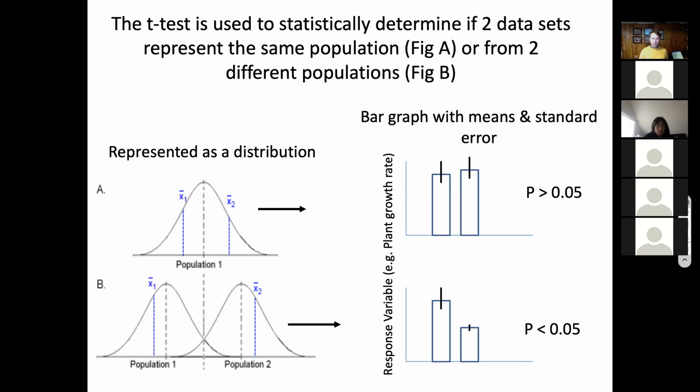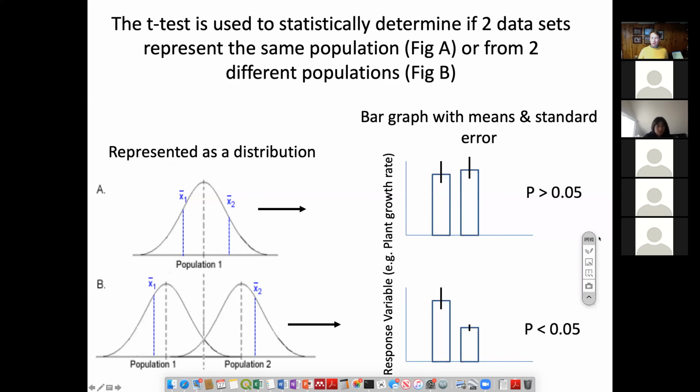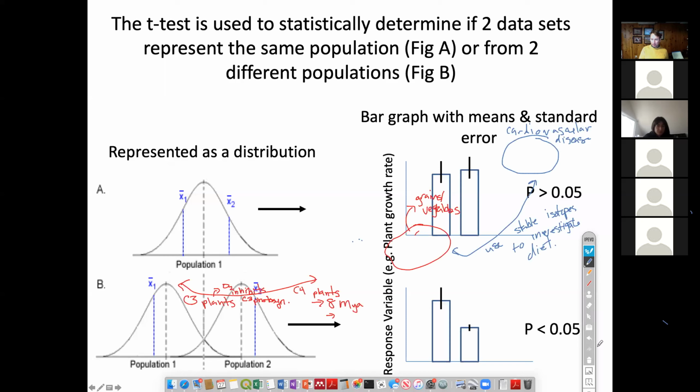Well, we can think of any set of data as coming from a statistical distribution. The classic thing that we think of when we talk about a statistical distribution is a bell-shaped curve.